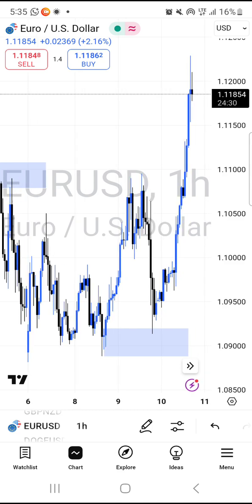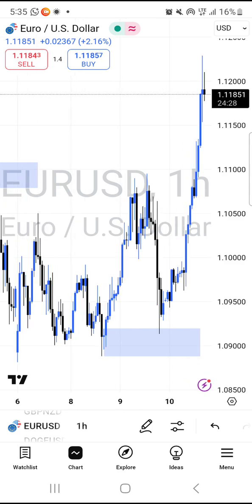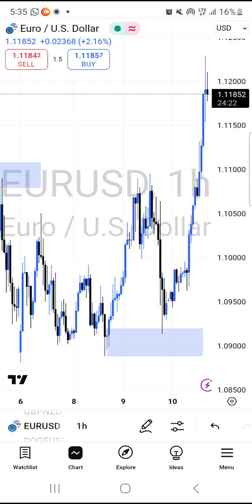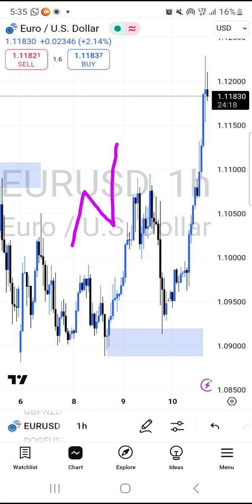And then now that the market switched to an uptrend, the market broke high. Remember what I told you guys, when the market starts breaking high, when the market breaks a high like this, traders mark out the candle that caused that break there.